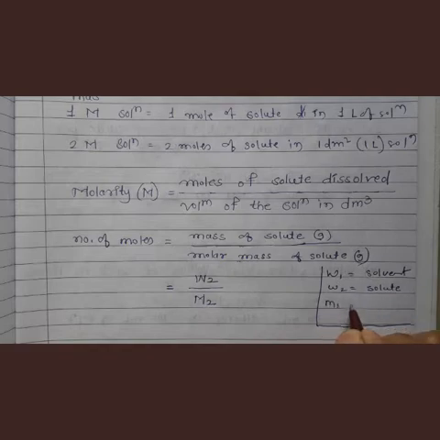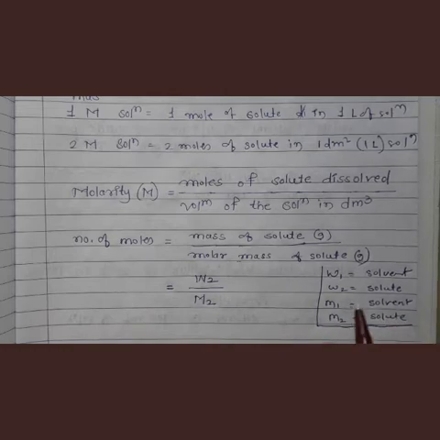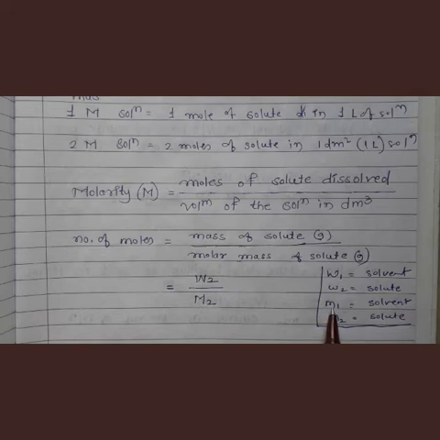Then M1 is used for solvent and M2 is used for solute. W1 is the mass of solvent, W2 is the mass of solute. Sorry, M1 is the molar mass of solvent and M2 is the molar mass of solute.